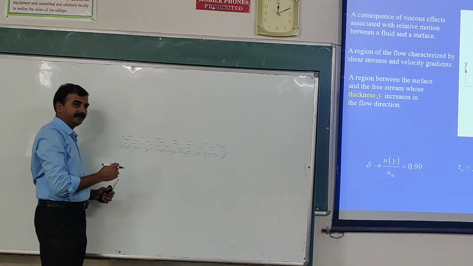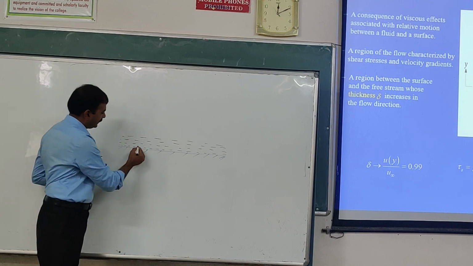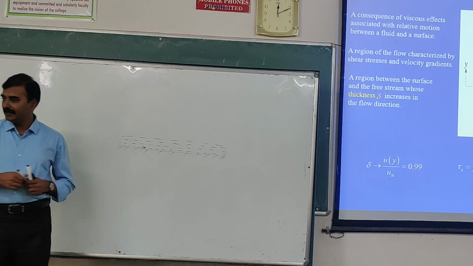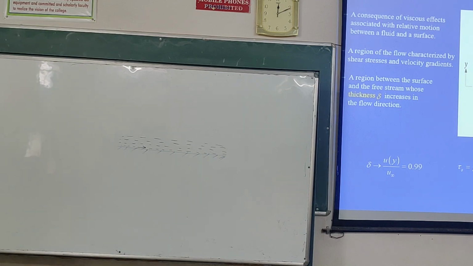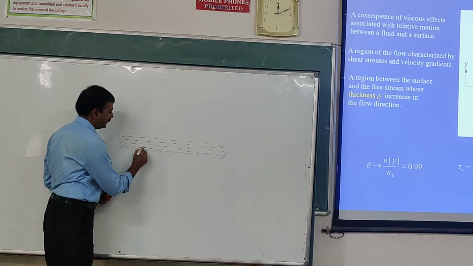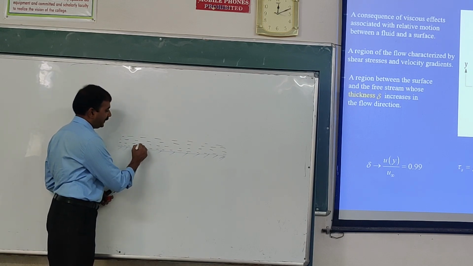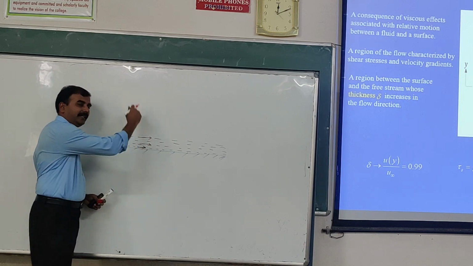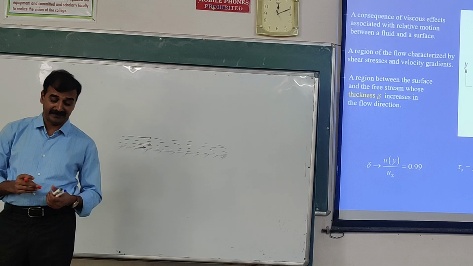Now you tell me whether the speed with which this is flowing is the same as the speed with which the other layer is flowing. Is it the same or different? The speed of any particle in this layer, and the speed of any particle in this layer, will it be the same in all the cases, or will it be different?